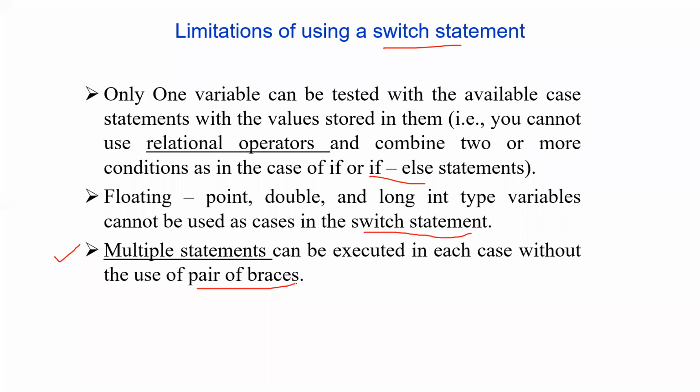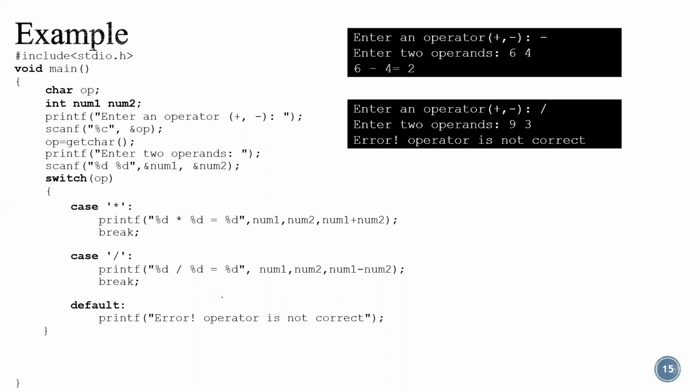That is an advantage. The two previous points are the disadvantages or limitations of the switch case when compared to the if statement. But this is an advantage that we need not put any pair of braces for the statements which are given after the case label.